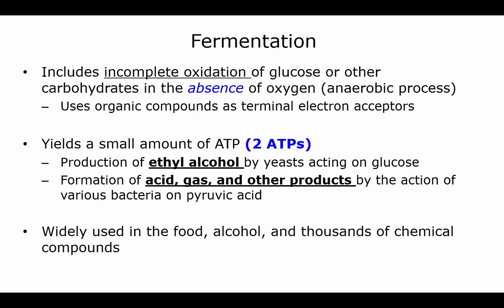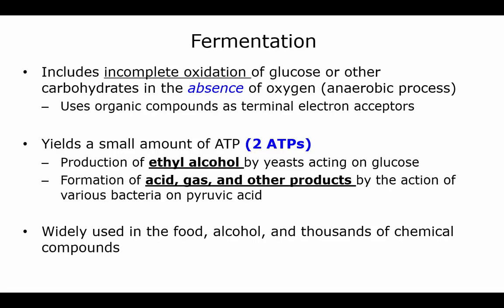Fermentation, on the other hand, is when there's absolutely no oxygen available. There's just no oxygen available. And we call that, in the absence of oxygen, anaerobic. We say that then the bottom line is that some other organic compound is the terminal electron acceptor, and we know that we're only going to make 2 ATPs, and we know that either alcohol or some other organic acid is going to be made.